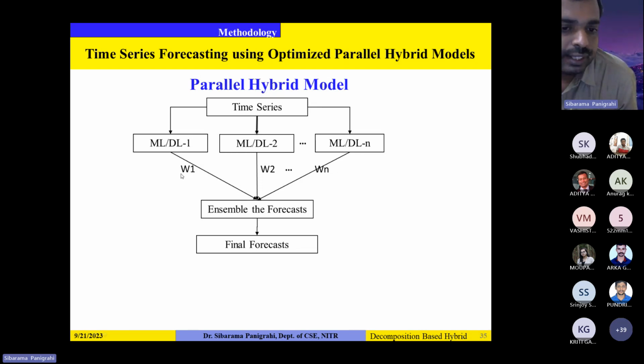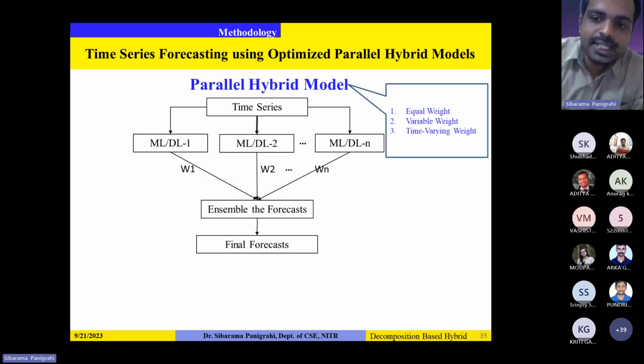Here the weights can be equal. Equal weight means, let's say you are using n models, the final forecast you can obtain by adding all the model forecasts and dividing by n. So if you take the mean of the forecasts, then the weight of each forecasting model is the same. Contrasting to this, you can have variable weight parallel hybrid models.